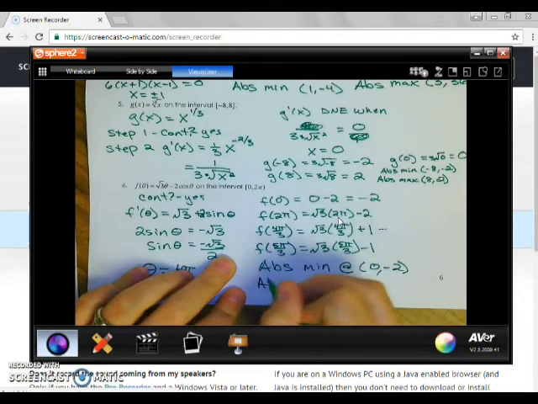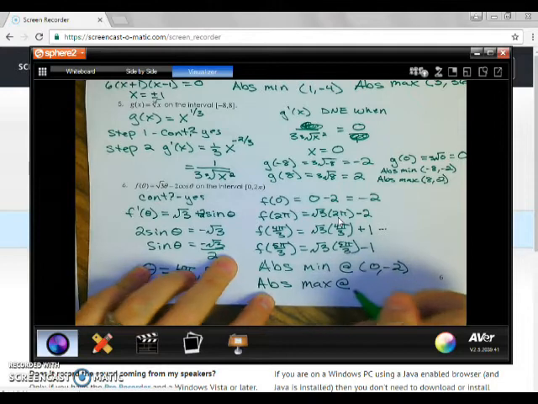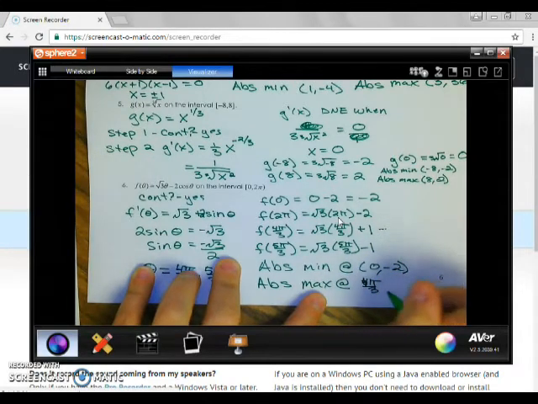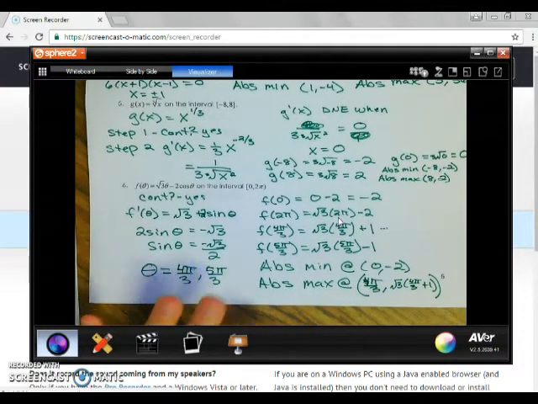And then your absolute max would be at 4 pi over 3, and it's radical 3 times 4 pi over 3 plus 1. And again, you can use your calculator if you need to help you get those decimals. That's not really the goal. So we've got that one.